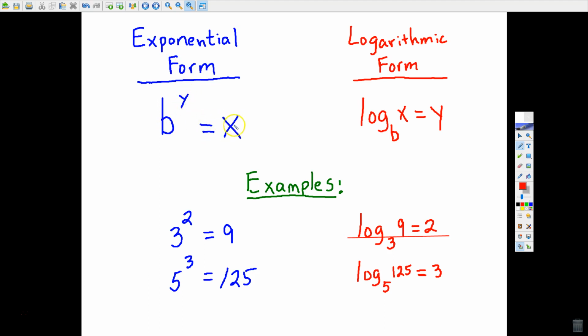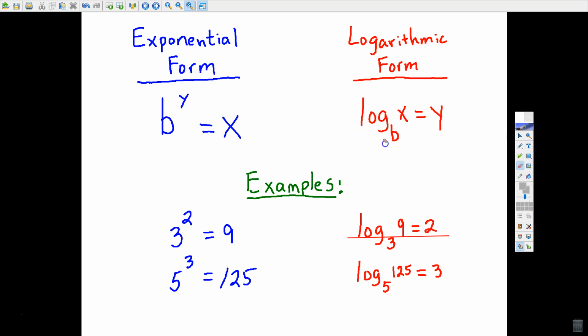We just looked at some of those. Well, now I want to introduce you to what we call logarithmic form, or we just shorten that and we'll say log form. Notice how we can take an exponential equation and turn it into a log equation.